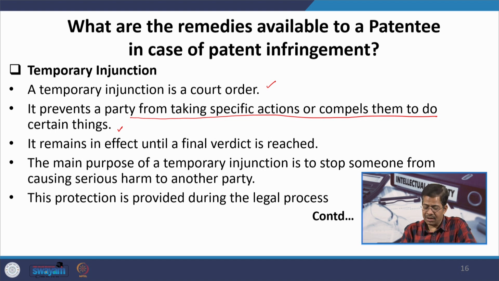It remains effective until a final verdict is reached. The main purpose of a temporary injunction is to stop someone from causing serious harm to another party. The case may take 2 years, 3 years, but if a temporary injunction is given on day 1, at least the additional possible damages can be minimized.